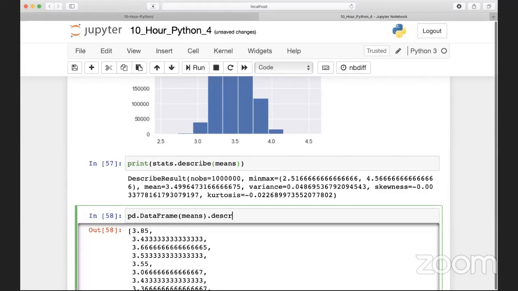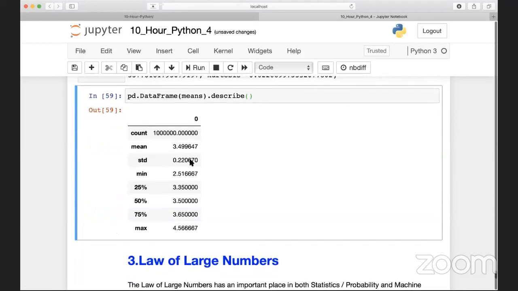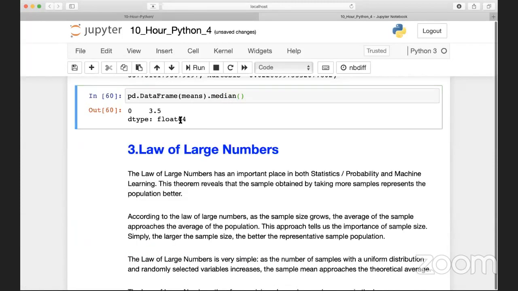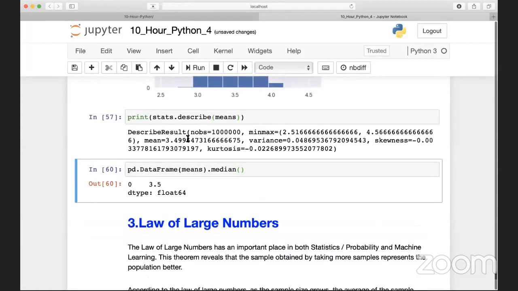If I type describe to have it in a better format, this is what I have here: mean, standard deviation, minimum, maximum. Okay. What's the median of it? 3.5.